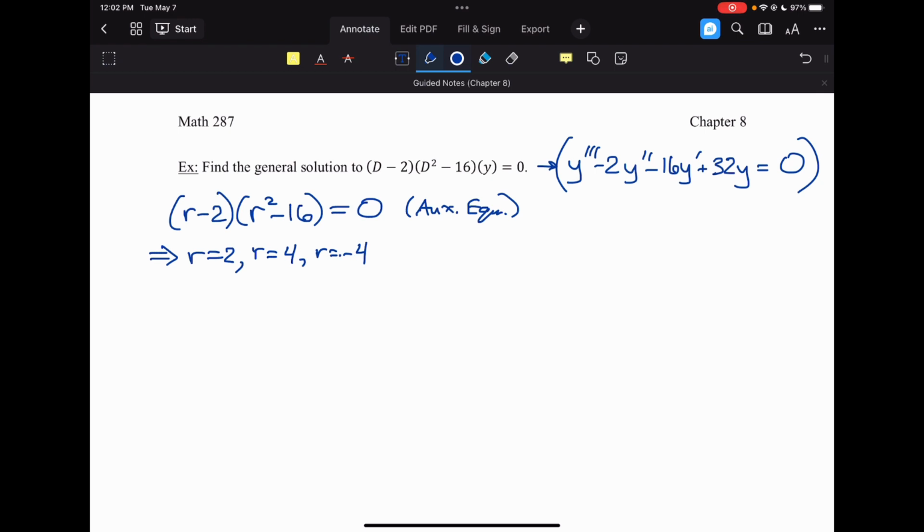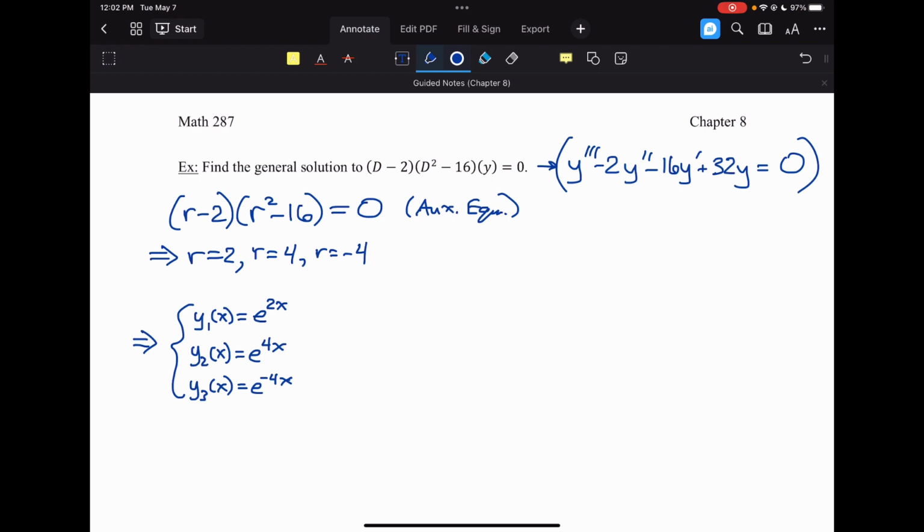So these 3 values of r provide us with 3 possible solutions to the differential equation. So we have y1 of x equals e to the 2x, y2 of x is e to the 4x, and y3 of x is e to the -4x. So these are our 3 individual solutions.